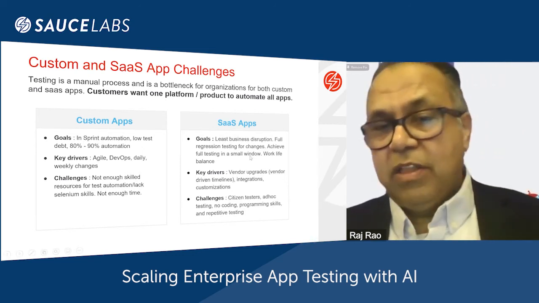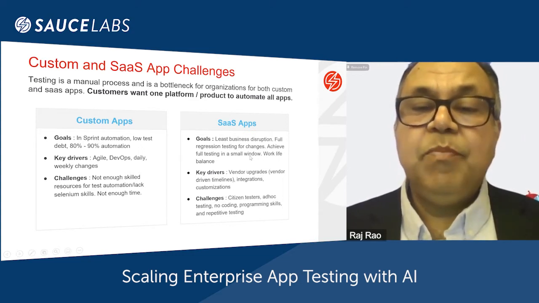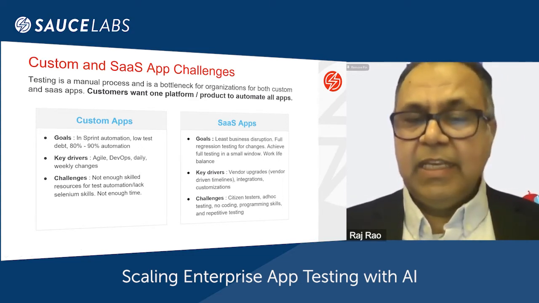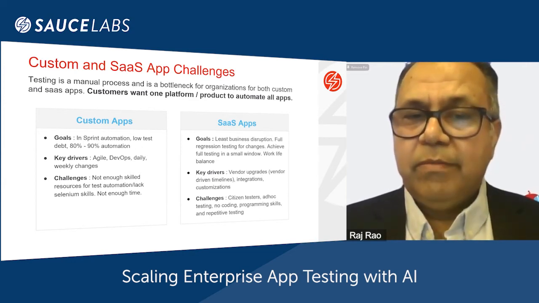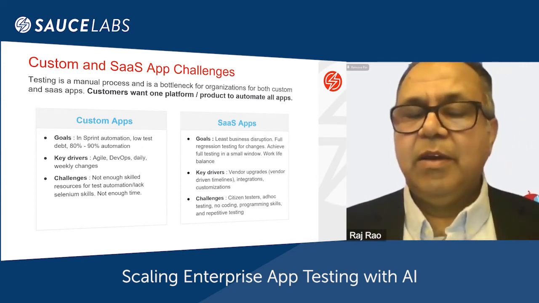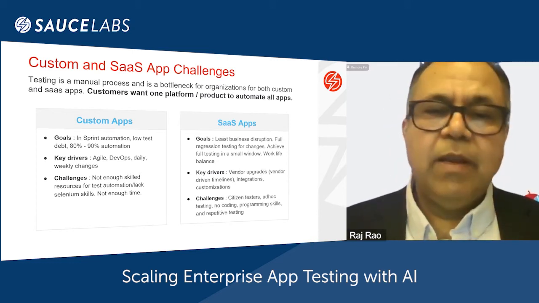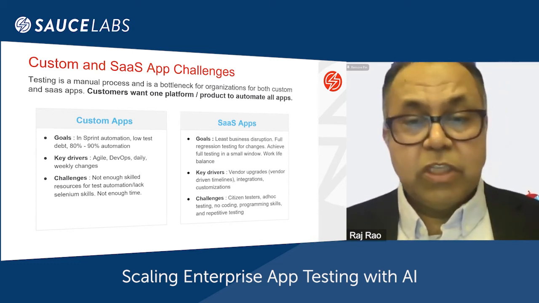On the other hand, on the SaaS app side, the goal is least business disruption. Imagine you have a series of applications supporting your quote to cash process, like Salesforce, Workday, and so on, like many of our customers do.